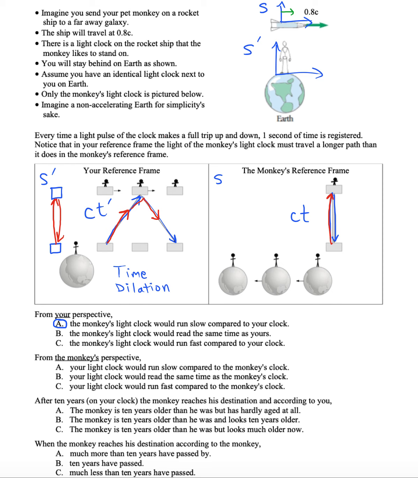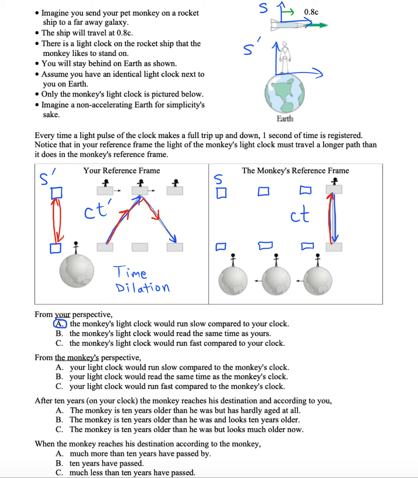But what about from the monkey's perspective? Will he think that our clock runs slow? Will he think our clock reads the same time as his, or would he see our clock as running fast? Well, in order to demonstrate that, you might show what our clock looks like from his perspective. In his perspective, we're moving away from him.